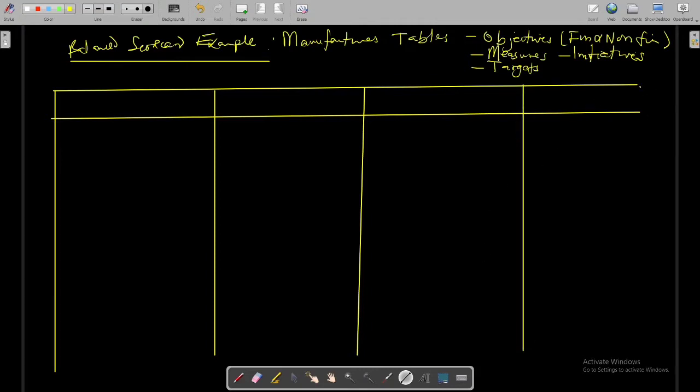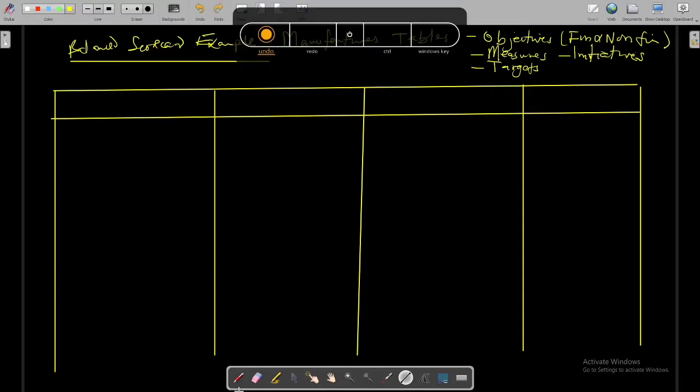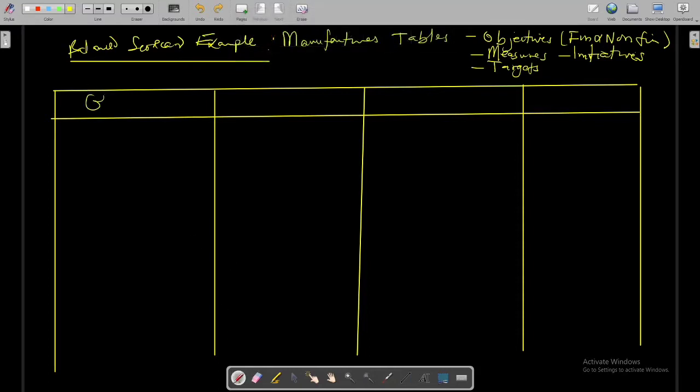So the first thing that we have to do is the objectives. The next thing that we have to look at are the measures that I wrote up here. The next is targets, and then the last one are the initiatives.